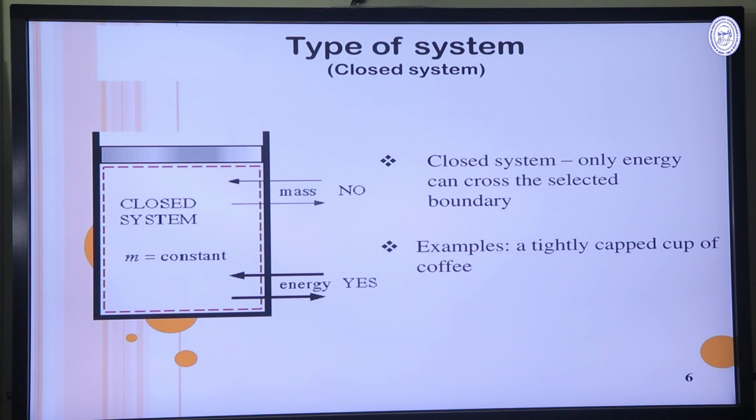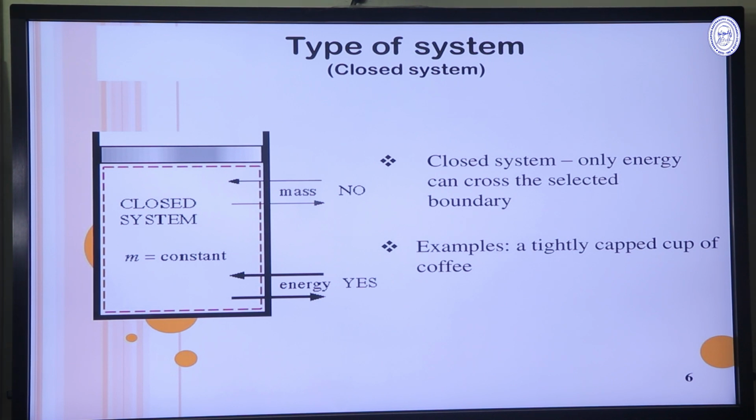That means a system where only exchange of energy can take place between the system and the surrounding through the selected boundary is called a closed system, whereas there is no exchange of mass. There are numerous examples of closed systems. I have given a single example here: a tightly capped cup of hot coffee.